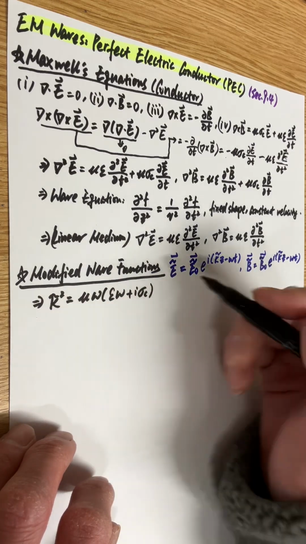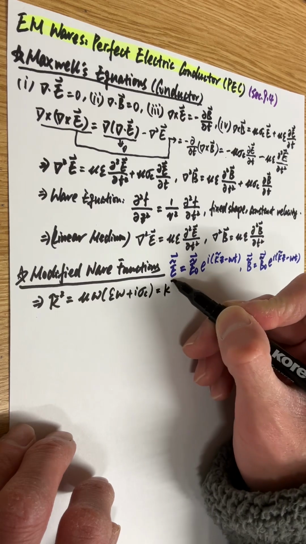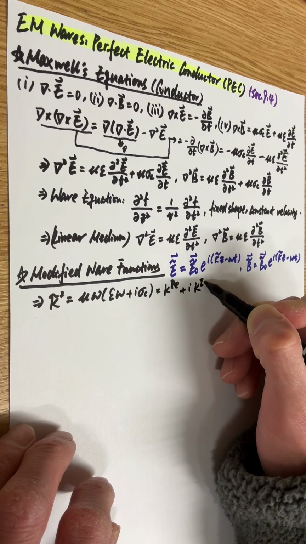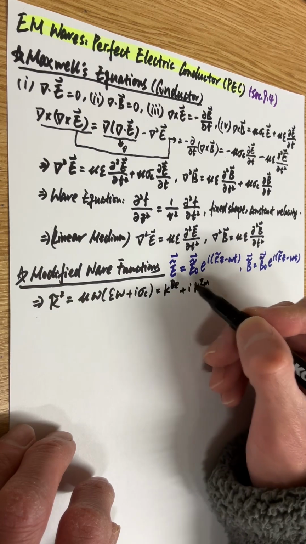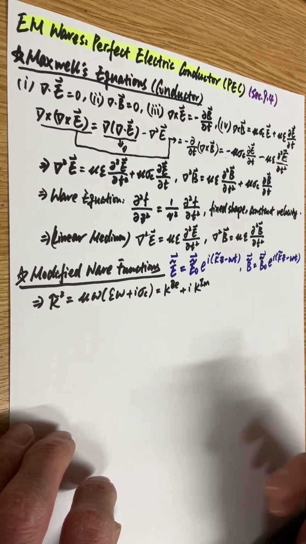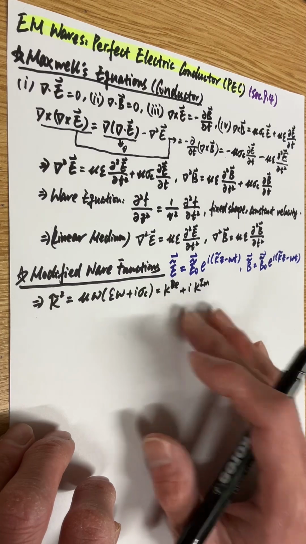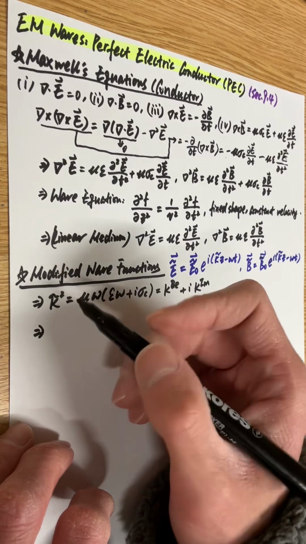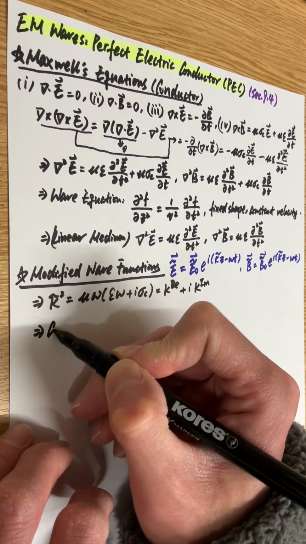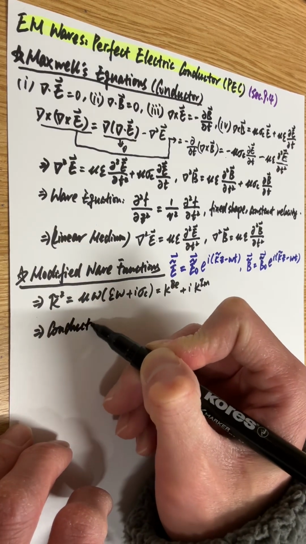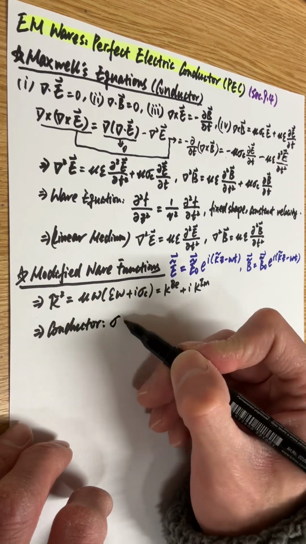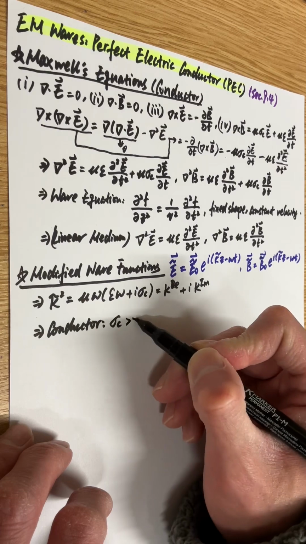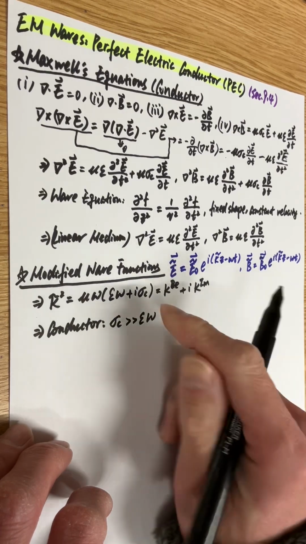So here kappa has a real part plus i times an imaginary part. So what does this mean? First of all, if we have a conductor, it doesn't have to be a perfect conductor, but a good conductor, we would have conductivity substantially bigger than epsilon omega.